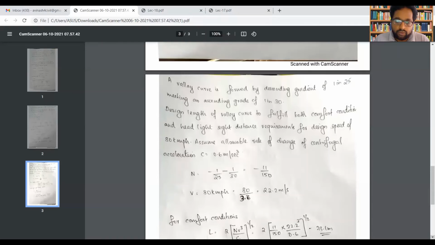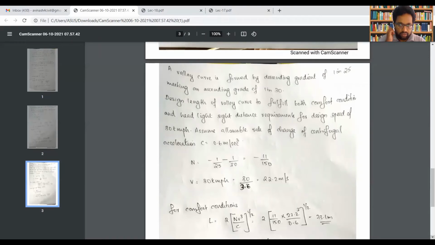So the deflection angle N is equal to descending gradient minus ascending gradient, that is 1 by 25 minus 1 in 30. You will obtain a value of 11 by 150. Now, the value of design speed is given, V is equal to 80 km/h.